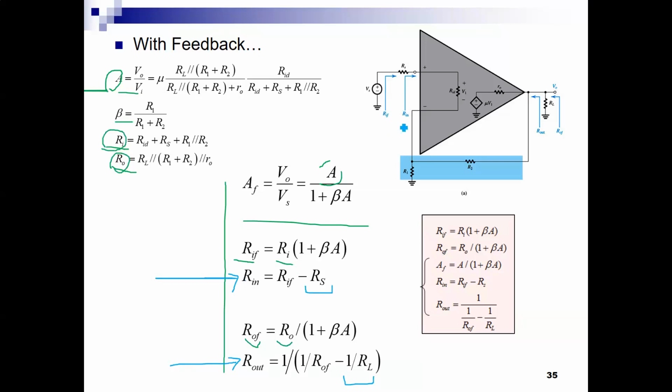I know that in the case of the full feedback amplifier, RN is in series with RS. RIF minus RS, I get RN. Same if I look here, since both of them are hinging on the VO node, I know that ROF is the parallel of RL with Rout, and this equation is in terms of ROF. After we find the RIF, ROF and RO, we subtract RS and we get RN. We subtract 1 over RL from 1 over ROF and we get 1 over Rout, in parallel.